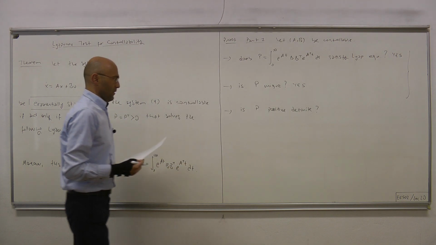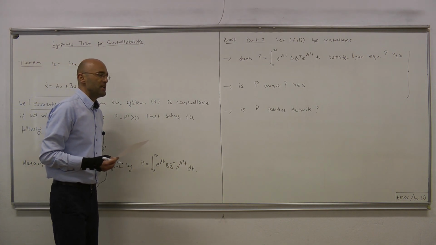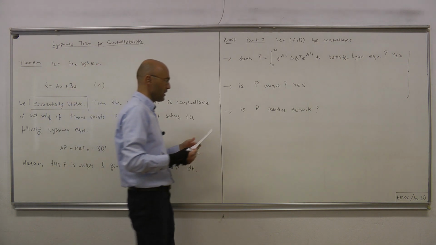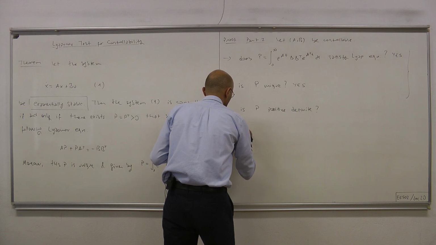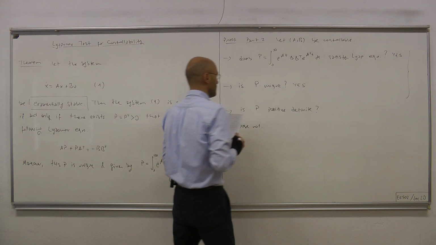Now let's show that P is a positive definite matrix. Suppose not. We're going to show it by contradiction.